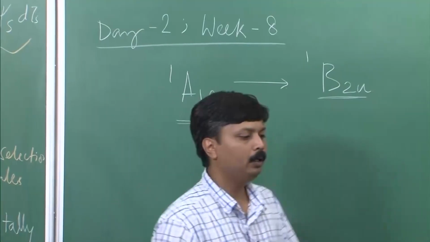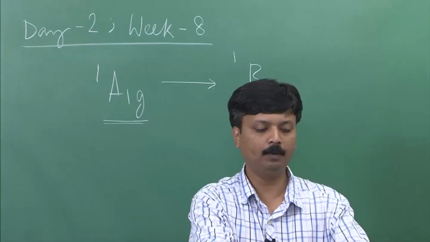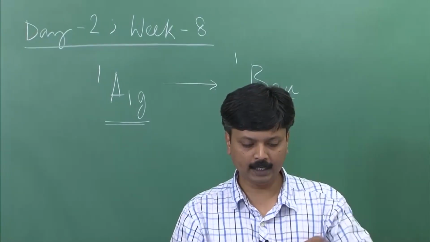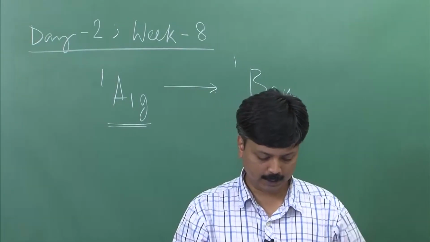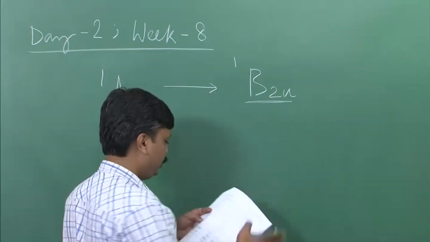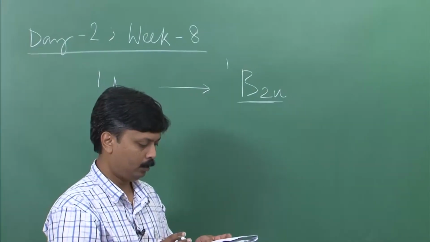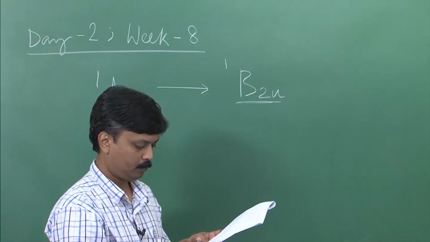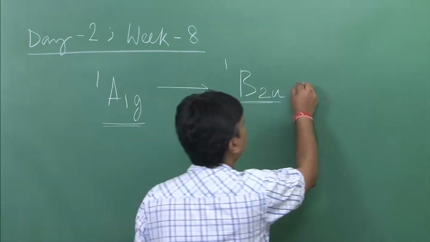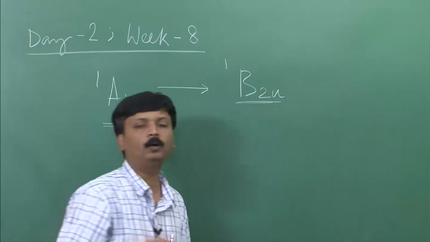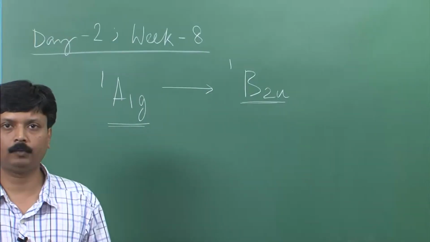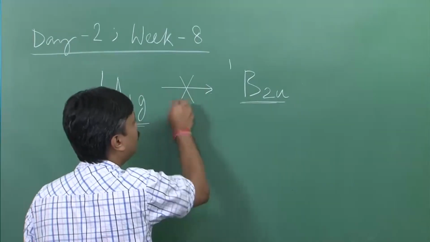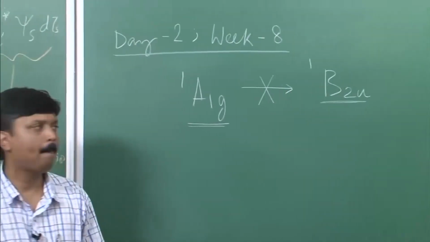So therefore I will again look at my character table for the D6H point group, and I see that this B2U does not transform according to x or y or z. Okay, so I can immediately say that this transition is orbitally forbidden, right?